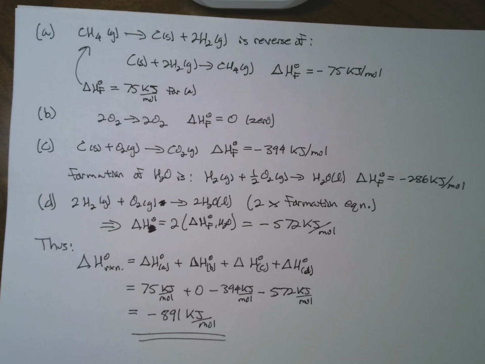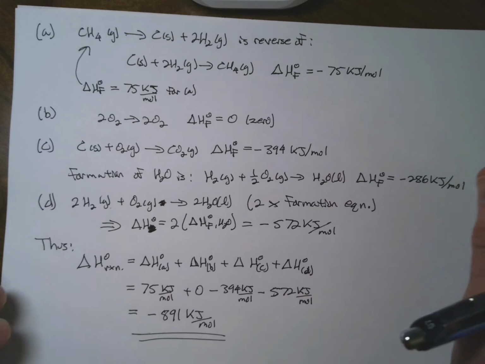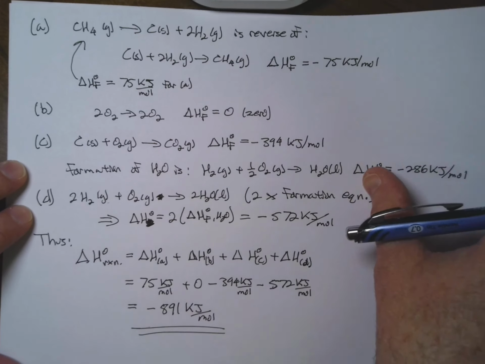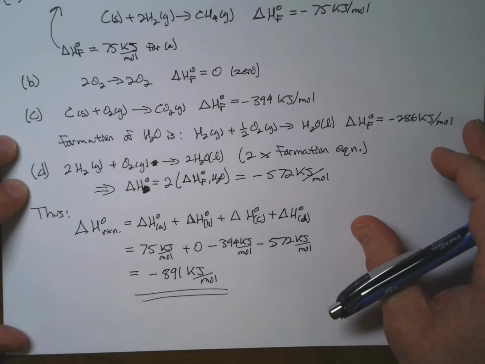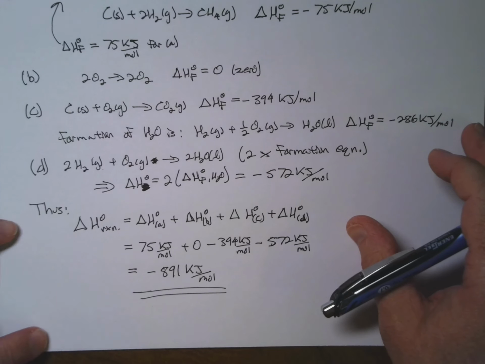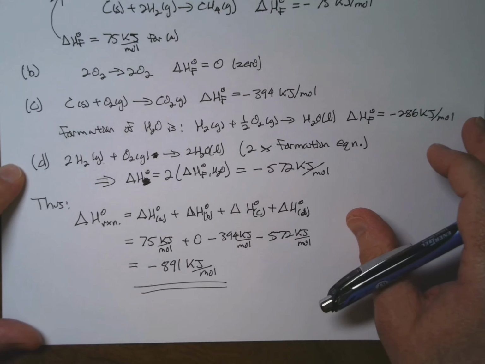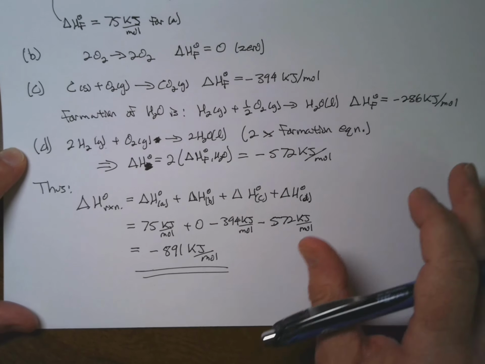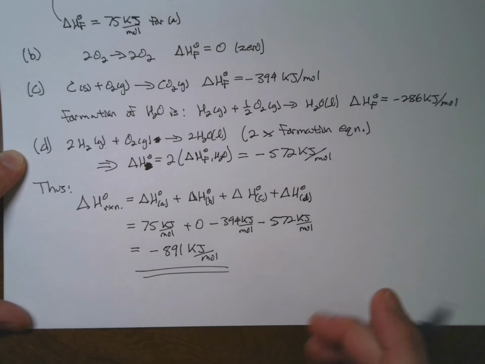Okay, so in summary, we can say that the enthalpy change for a given reaction can be calculated by subtracting the enthalpies of formation of the reactants from the enthalpies of formation of the products. Or we'll just write out the following equation.